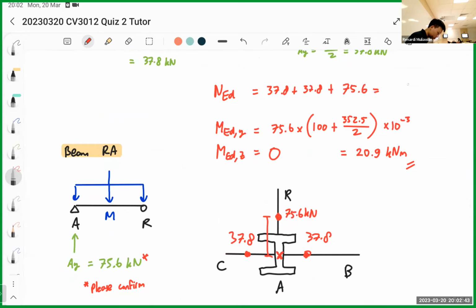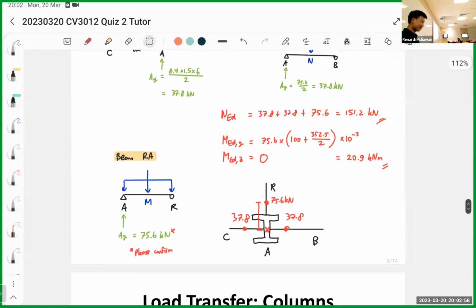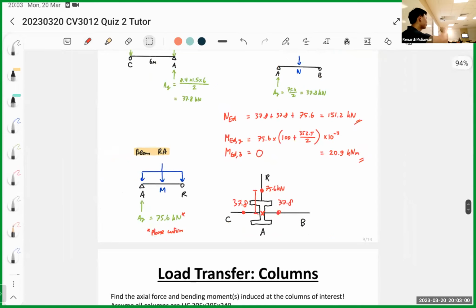So that should be 151.2. Okay, quick math. So easy, right? Now you know how to go from the slab to the column.